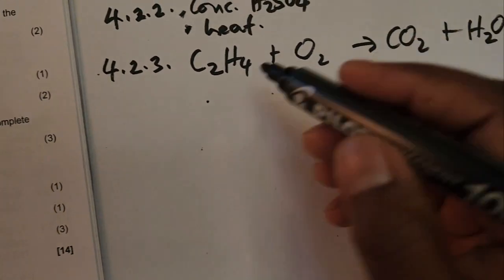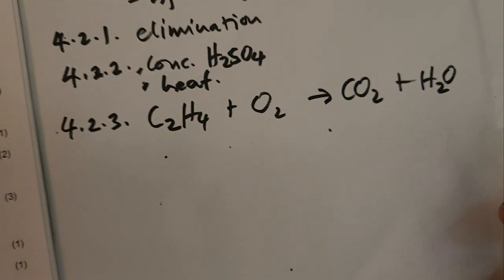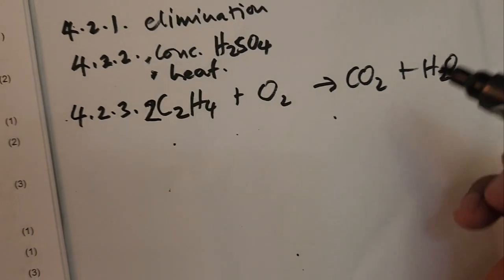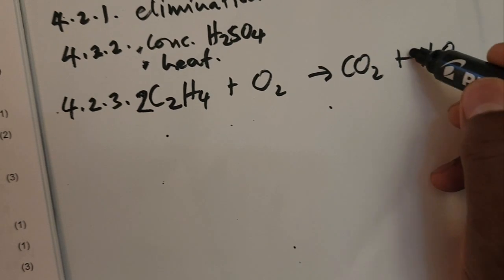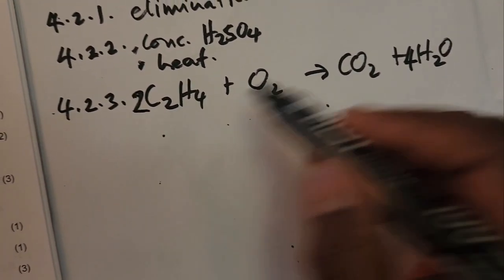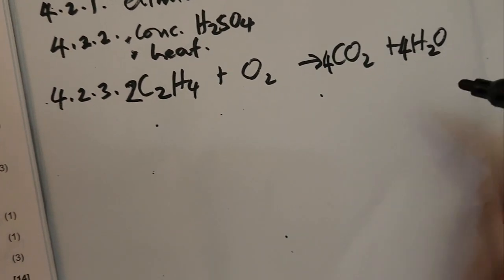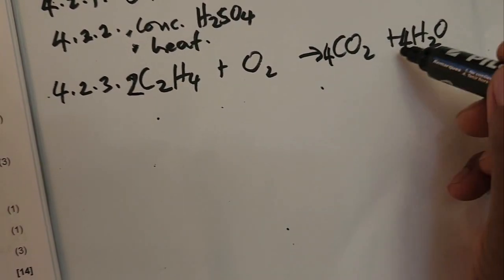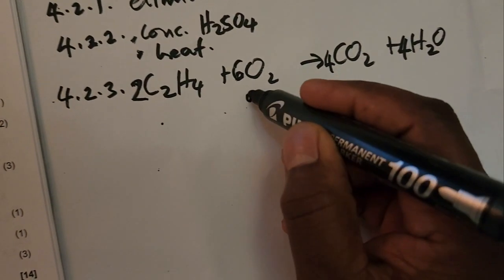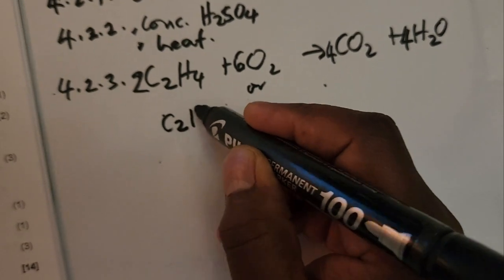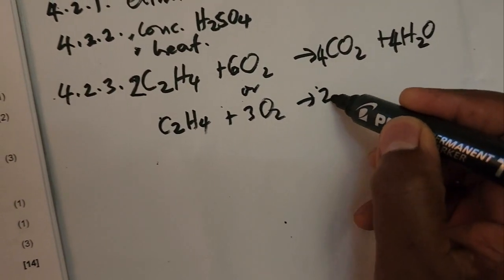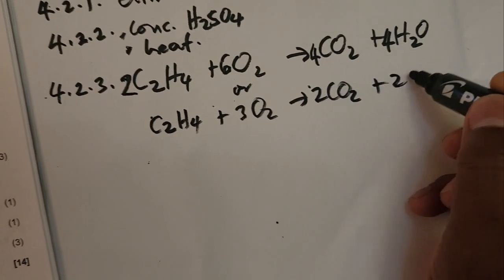Now, if you remember, you can balance it: 2 carbon dioxide, 2 water, so oxygen is 4 plus 2, that is 6 atoms, divided by 2 is 3. So you can write just C2H4 plus 3 O2 forms 2 CO2 plus 2 H2O.